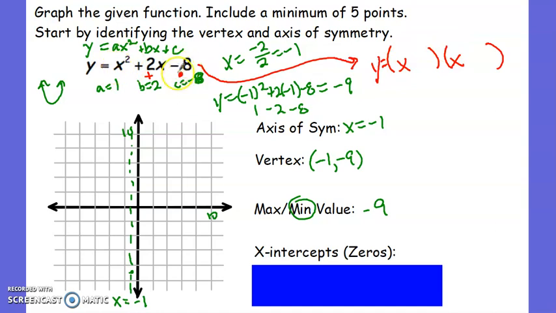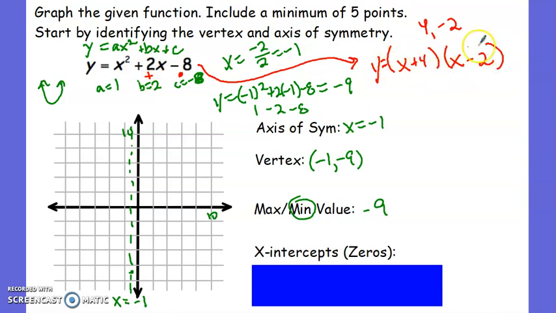If I can come up with two numbers that multiply to negative 8 and add to 2, I can complete these two binomial factors. I'm thinking that 4 times negative 2 would give me negative 8, and 4 plus negative 2 would be that positive 2 in the middle. So my two factors would be x plus 4 and x minus 2.